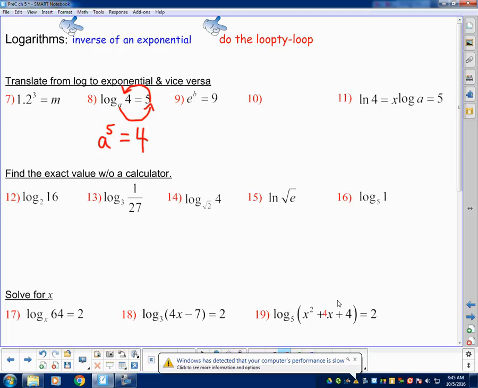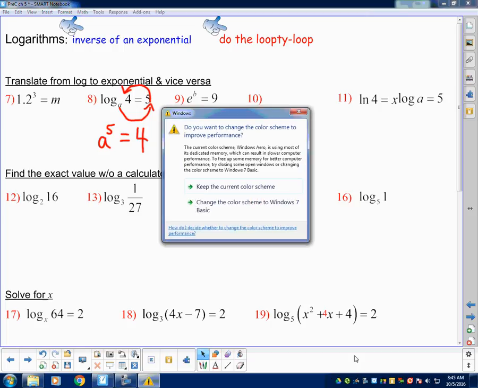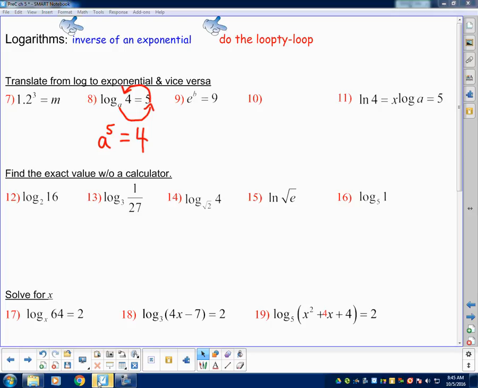So we'd write log base 1.2 of the argument or answer m equals the power 3.